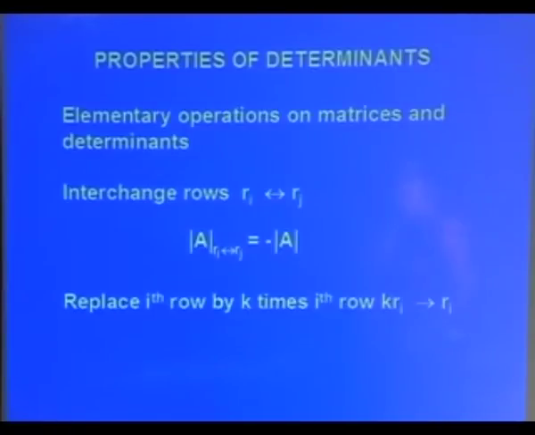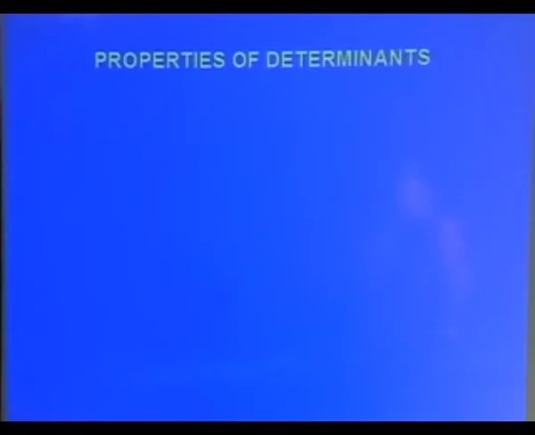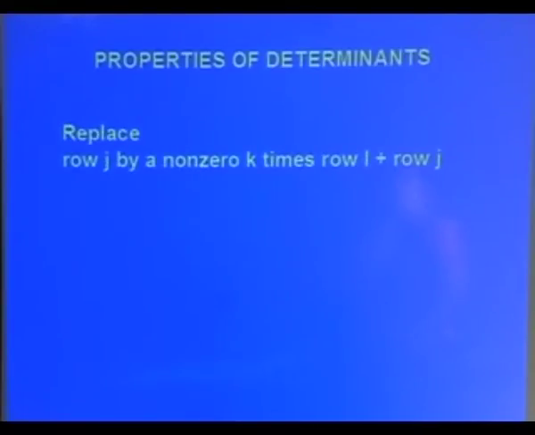Now if you replace the ith row by K times the ith row, so K Ri goes to Ri, then using our earlier results, determinant of A after replacing is equal to determinant A divided by K. I will explain this with examples.